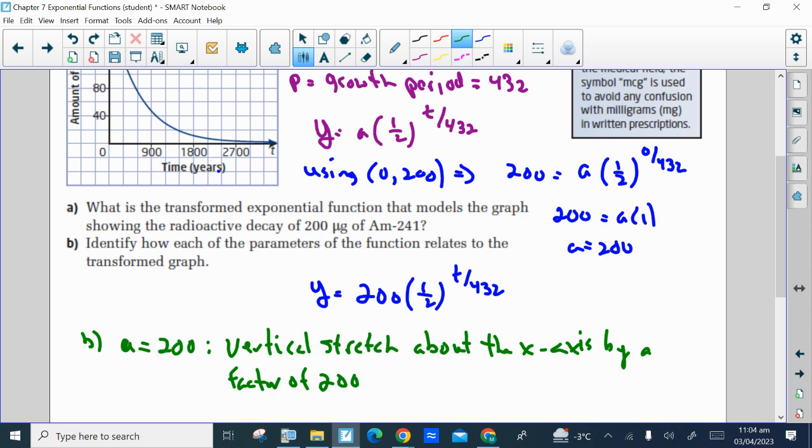Now, the base 1/2 would already be there. Remember, that never changes. This would be a transformation of y equals 1/2 to the x. But what about the t over 432?